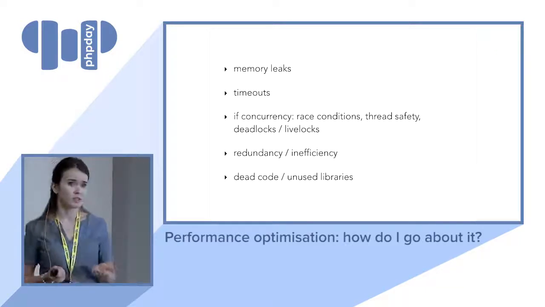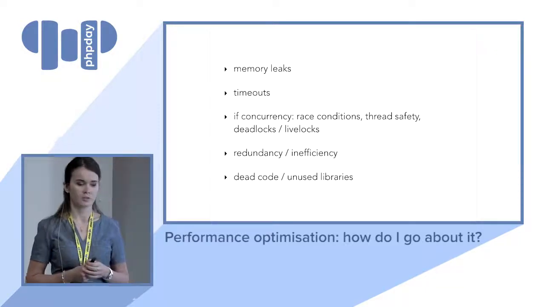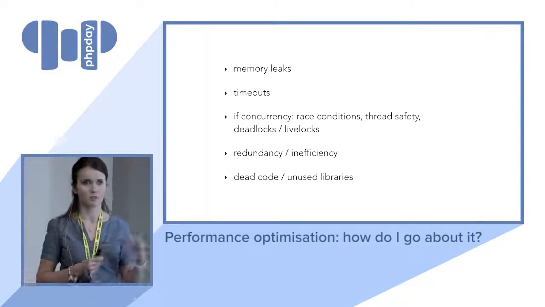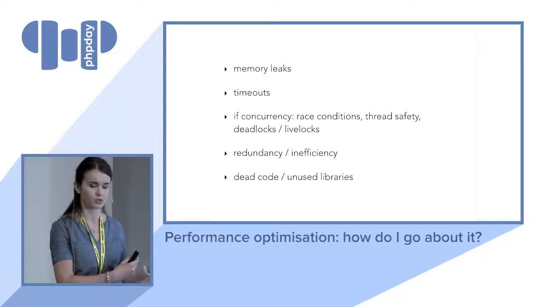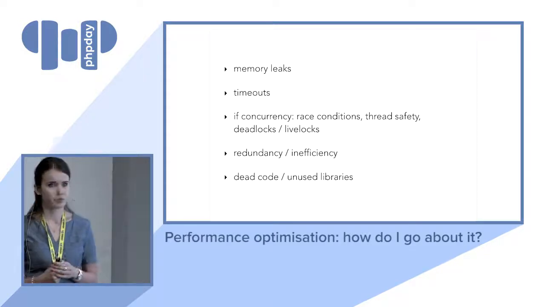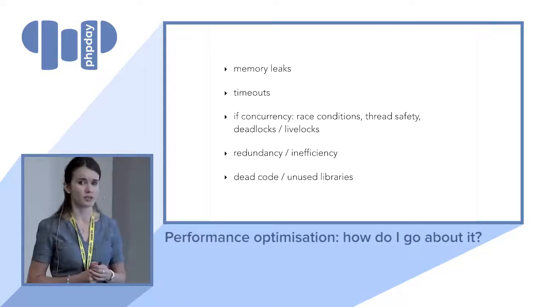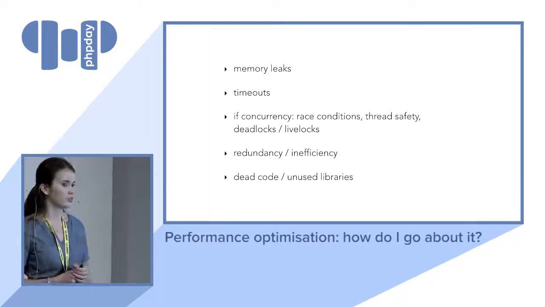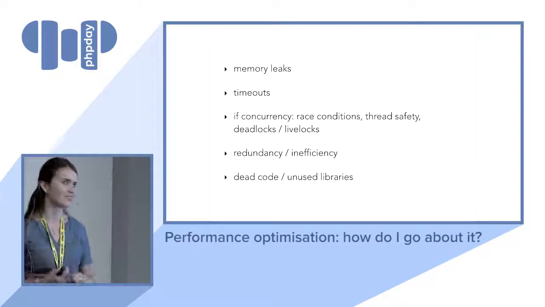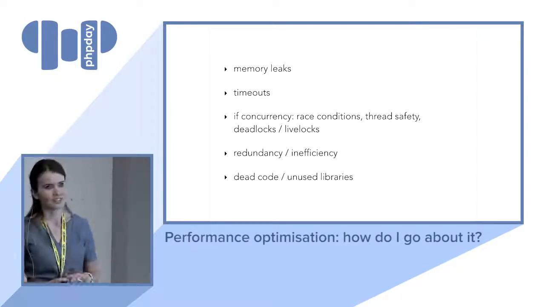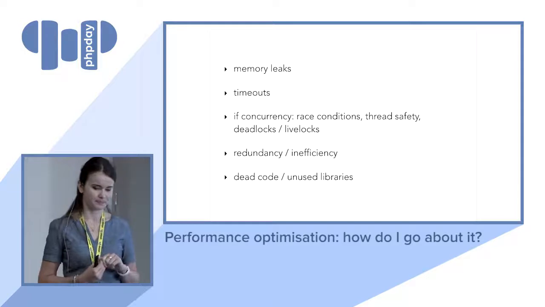You might run into timeout issues, if your program is just stuck waiting on something and you don't know what it's waiting for. If your program is concurrent, which you sometimes have in PHP, then you've got all the lovely issues that come with concurrency, such as race conditions, deadlocks, livelocks, thread safety and all of those.